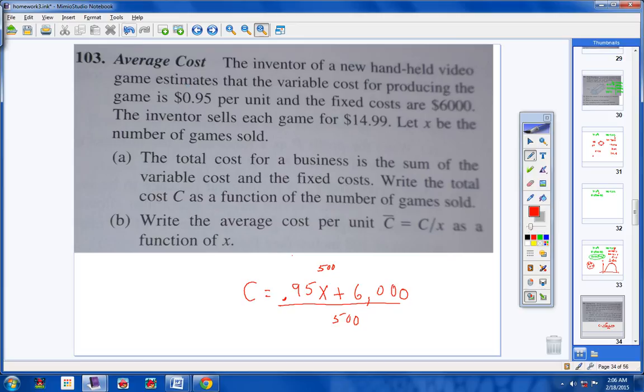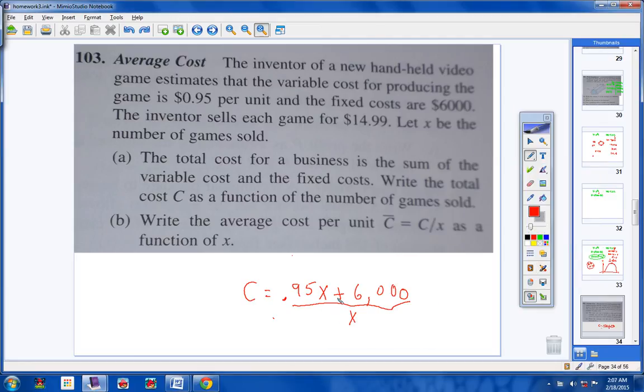So I'm simply going to take my total cost right here, 0.95 times X plus 6,000, and divide that by X, because that's how I find the cost per unit, and X is my amount of units. So I'm taking my total cost and dividing it by how many units I actually sent out, and that will give me an average cost per unit as a function of X.